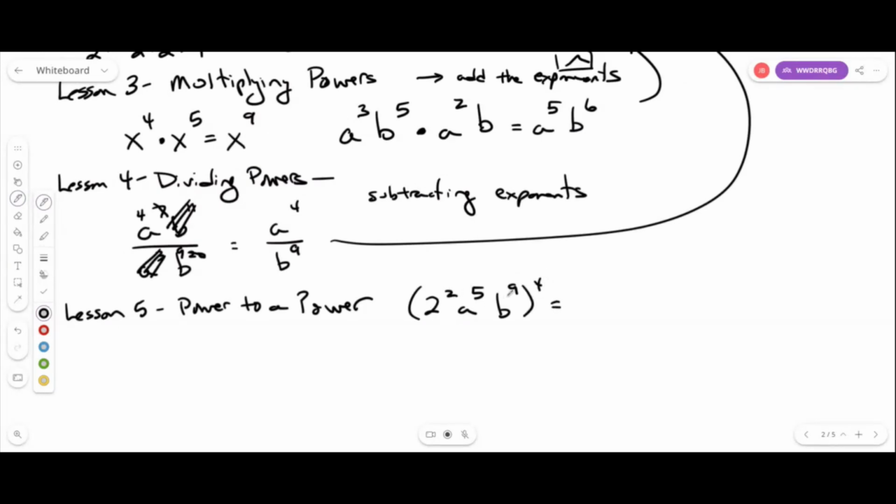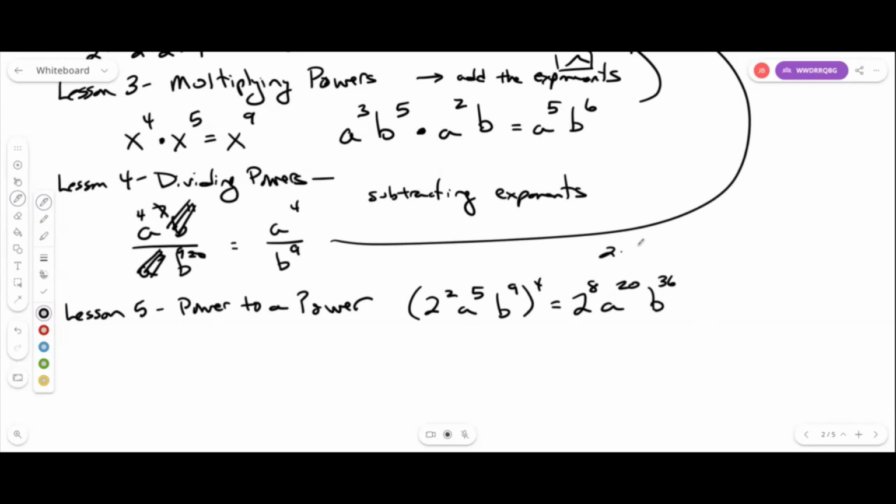Well, when I have powers inside of parentheses being raised to another power, then we multiply the exponents. So this is 2 to the 2 times 4 is 8. A to the 5th to the 4th, 5 times 4 is 20. B to the 9th to the 4th is b to the 9 times 4 is 36.